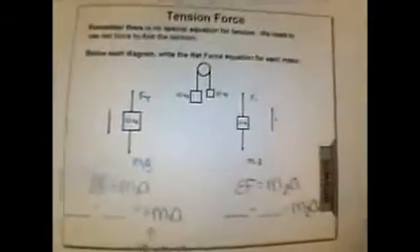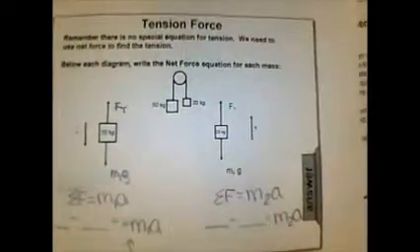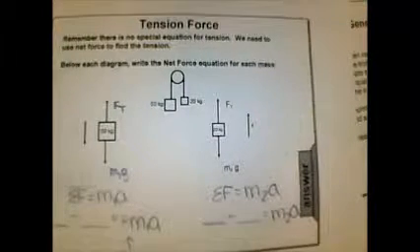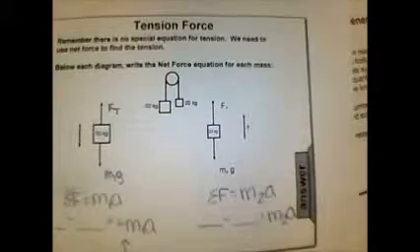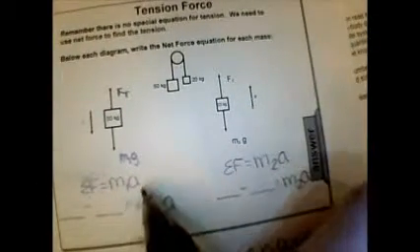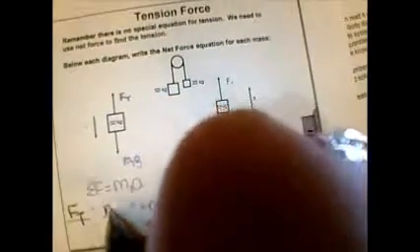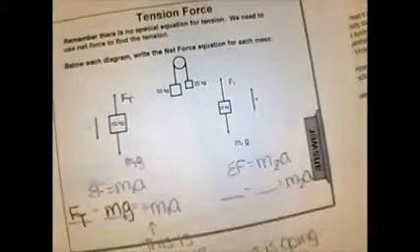So next, remember there's no special equation for tension, so we need to use net force to find it. Below each diagram, write the net force equation for each mass. So the first one we have sigma F equals m1a. And for that one, if we look at our chart, we have ft in the positive direction and m1g in the negative. So we would get ft minus m1g.